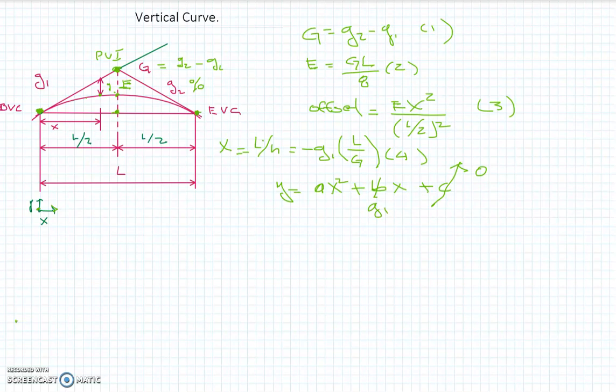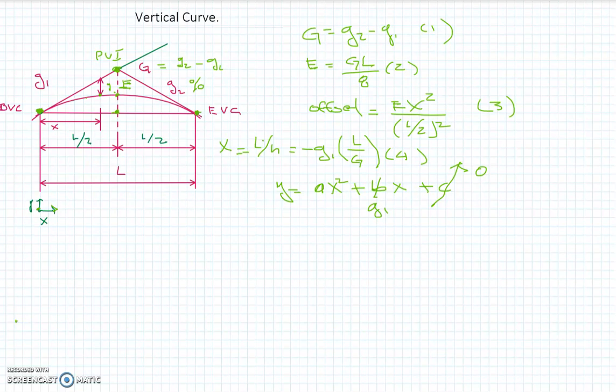That's when you put your origin, your x and y origin, over here. And if you want to know this distance to the low or high point, you take the derivative and set it equal to 0.